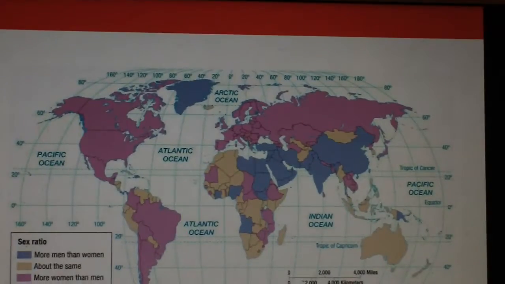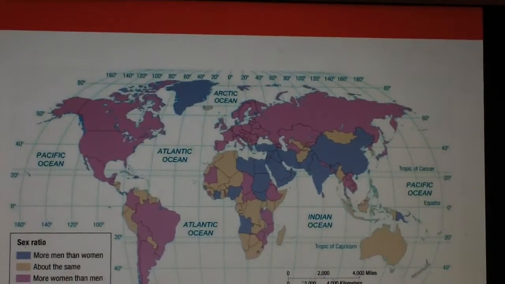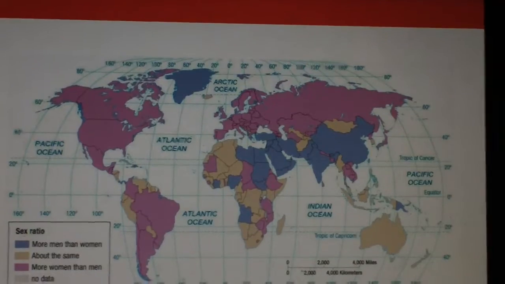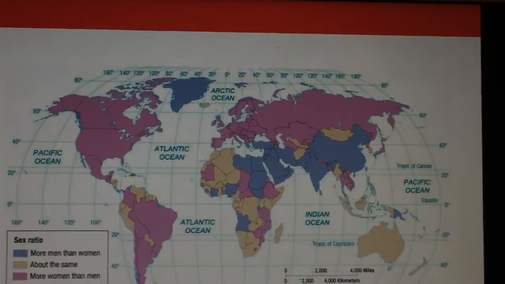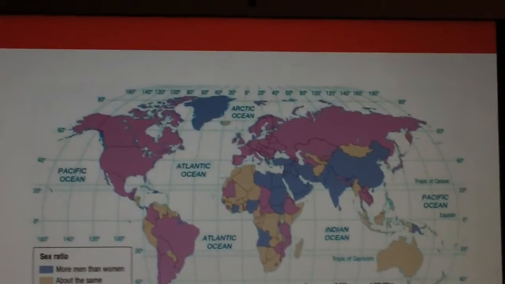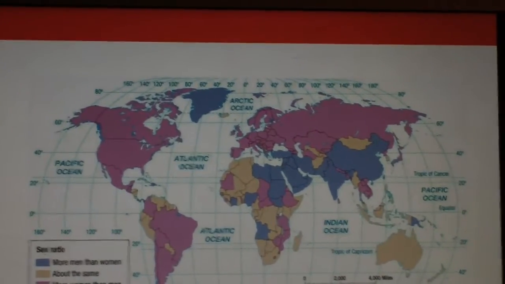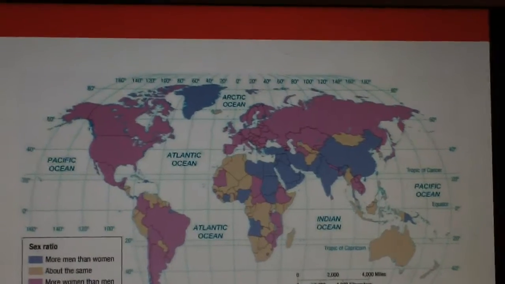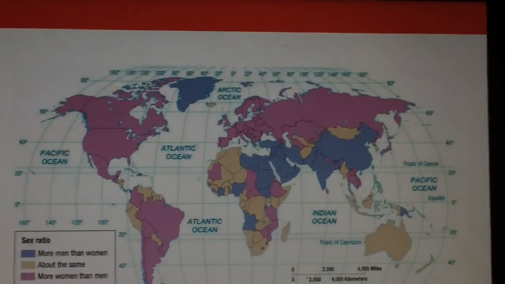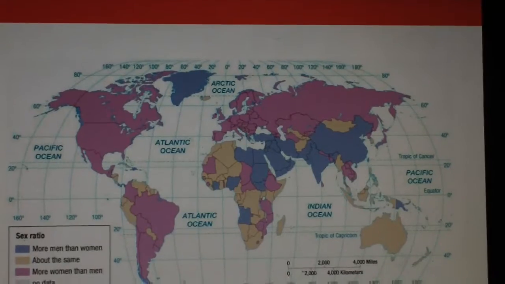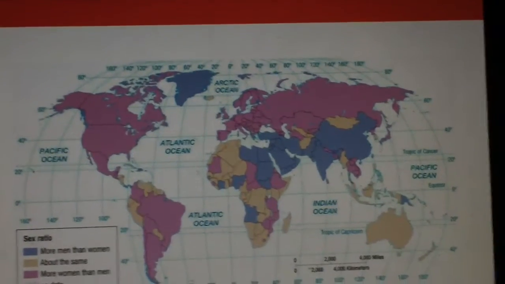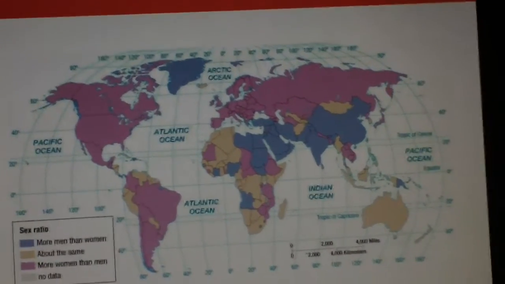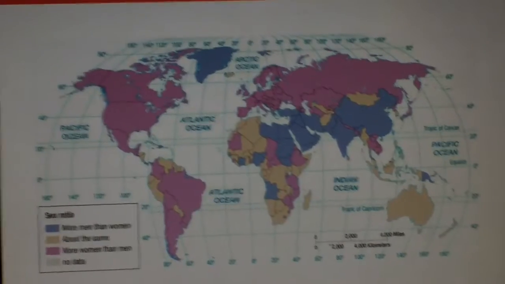So China, India, the Middle East, Northern Africa, it seems to make sense that there are going to be more men than women. But then there are other places where it's about the same, lots of places in Africa, in South America. But then where it's purple, there are more women than men. So more of your developed countries have more women than men.